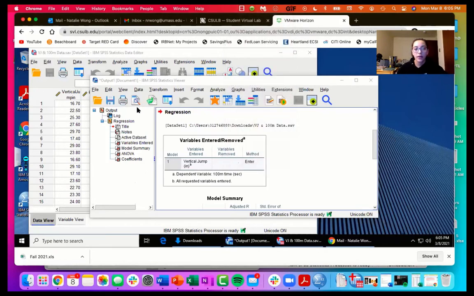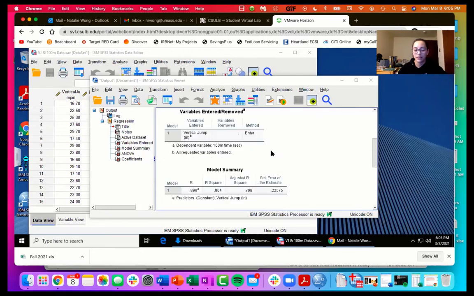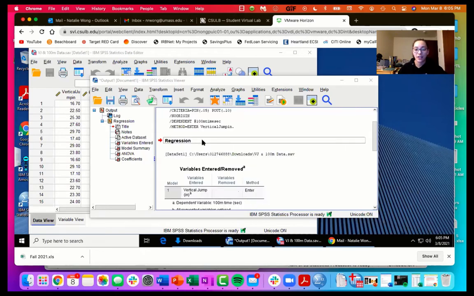Anyways, when I plugged all of this in the virtual lab, which has version 27, this is what shows up in the regression, and you'll see that the correlation matrix does not exist. That's why I think some of you, if you are using version 27, I don't know if it's the same for version 26, had no idea what I was talking about when I was emailing you, because it just does not show up in version 27.